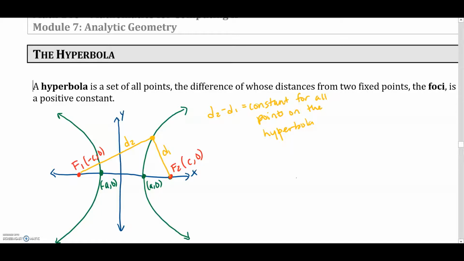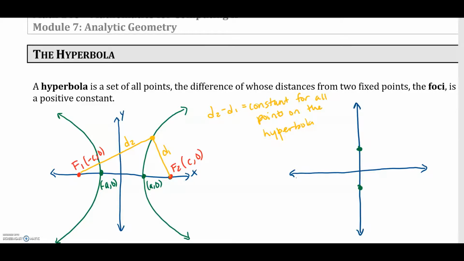Let's examine some key features of the hyperbola, and we'll draw a hyperbola in this case that opens up and down. This hyperbola will have vertices. When it opens up and down, your vertices appear on the y-axis.